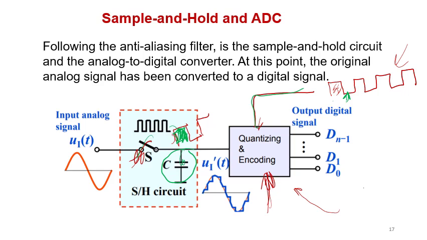So if it's generated at this time, it's no problem. It's going to stay in the capacitor until the clock pulse comes. Then once the clock pulse comes, the signal goes to the quantizing circuit. That's why we call it sample and hold.